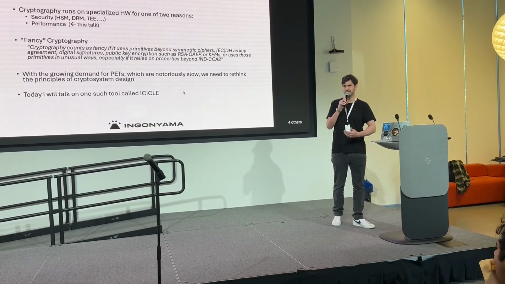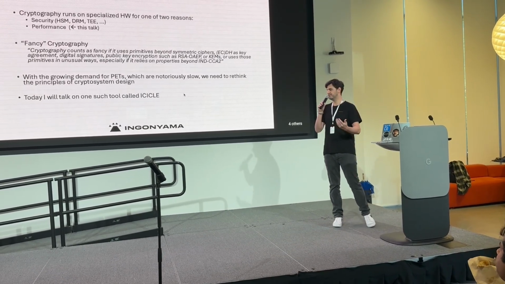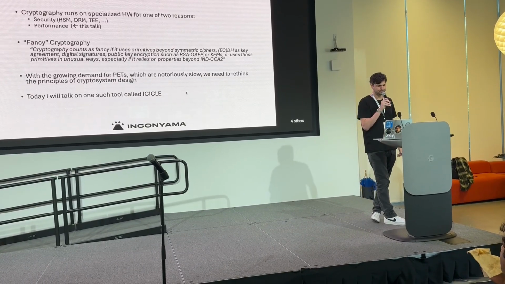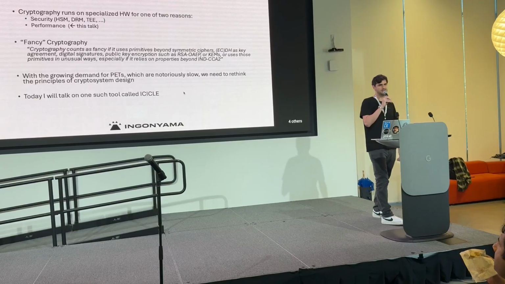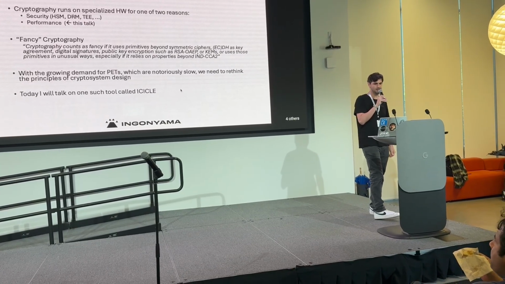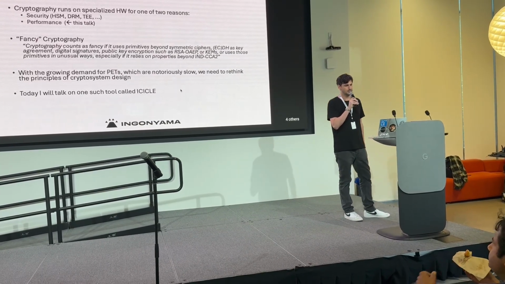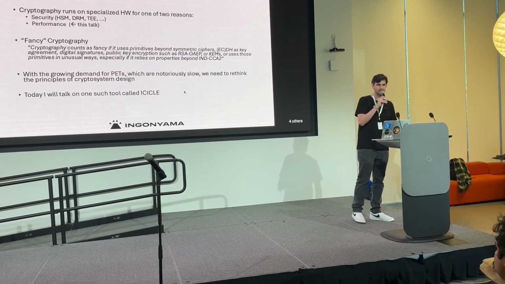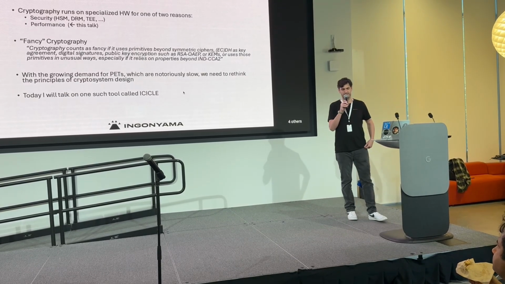Now I ask, tell me if this board deck is good enough, or let me know how to improve it. And these PETs, privacy enhancing technologies, are notoriously slow, right? And we need to figure out a way to still work with these technologies.